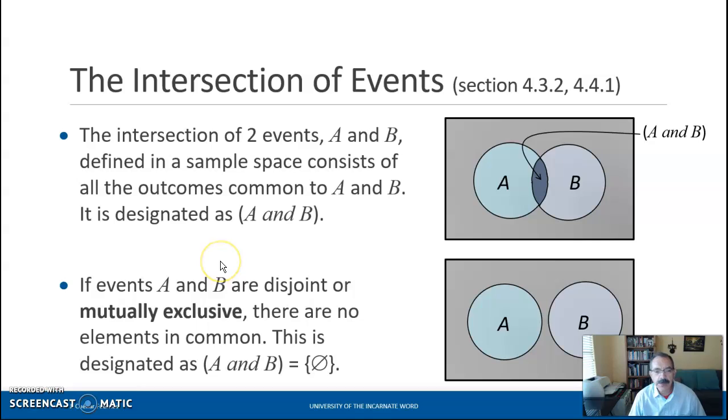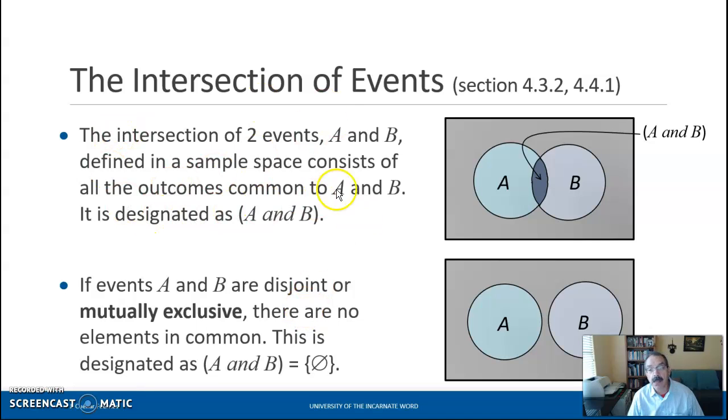Now, if two events are disjoint, in other words, mutually exclusive, there are no elements common between A and B, and we designate this as A and B equal to this 0 with a cross, which means that there are no elements in this event. That's how it's designated. This is called an empty set.